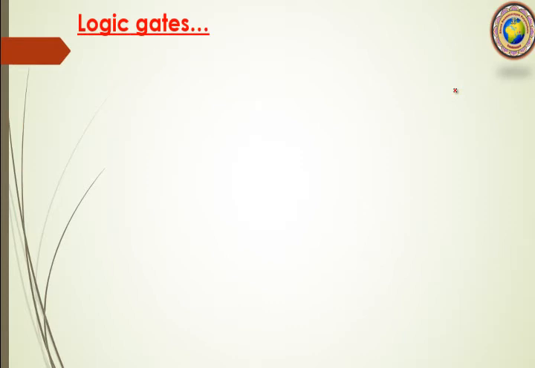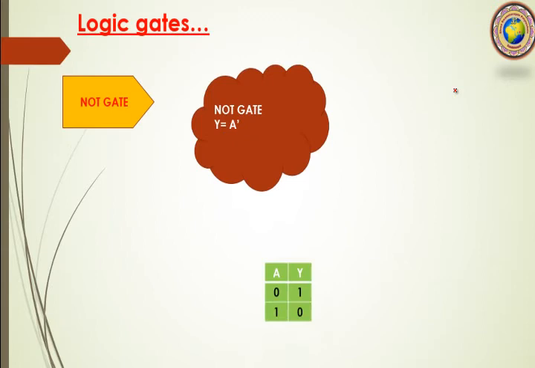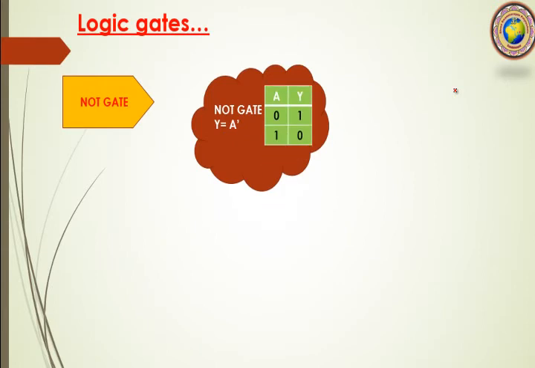Now logic gates. We just remember or revise the gates and their truth tables and Boolean expressions. So this is our recap. NOT gate: y is equal to A bar. If input is 0, then output is 1, and input is 1, the output is 0.